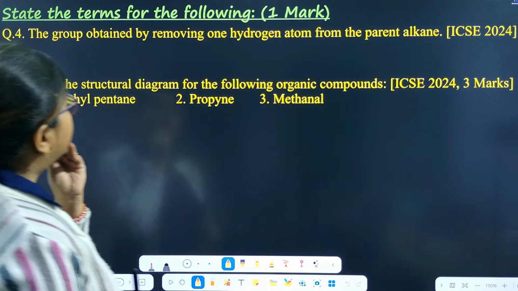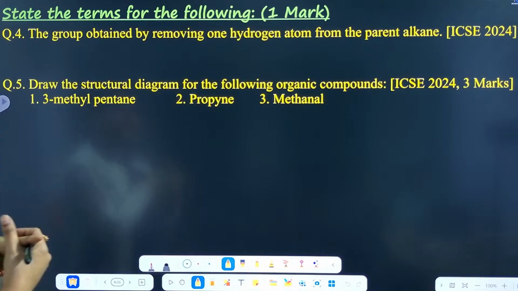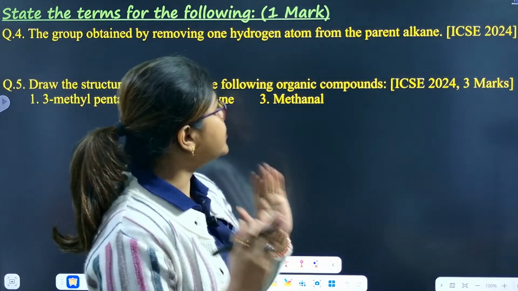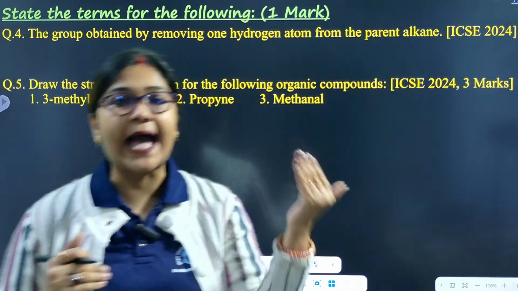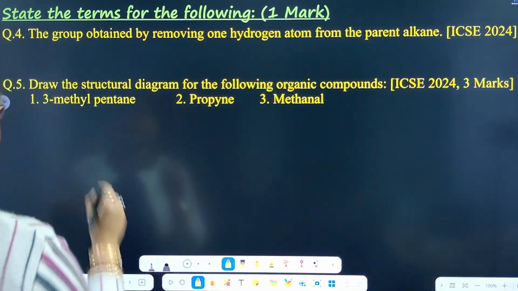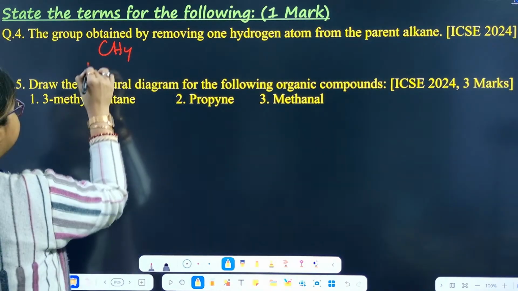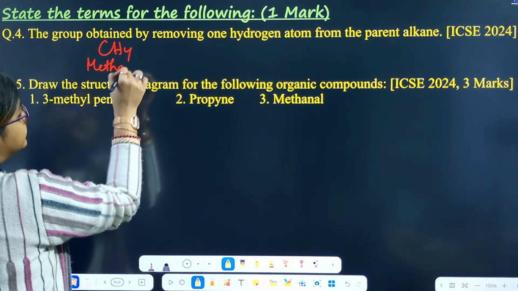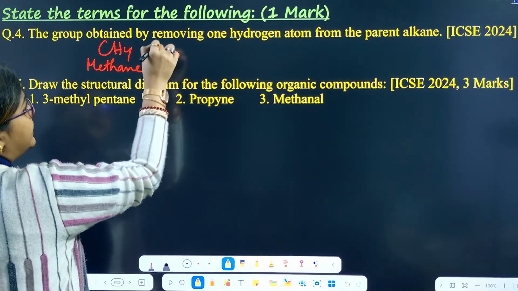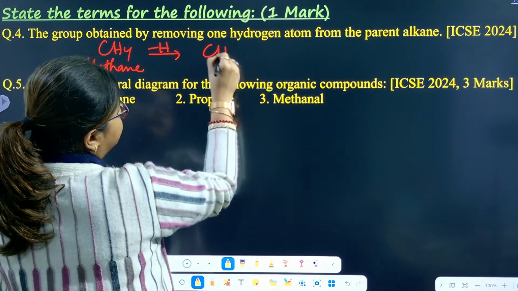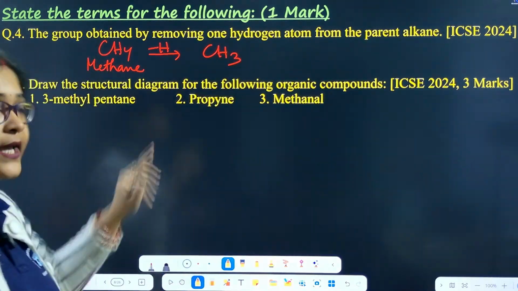State the terms for the following. Okay, now you have to state the terms for the following. The group obtained by removing one hydrogen atom from the parent alkene. Parent alkene मतलब पकड़ लो, the simplest one, known as methane. इसमें से तुम एक हाइड्रोजन रिमूव कर रहे हो, तो क्या होगा तुम्हारा, ठीक है?